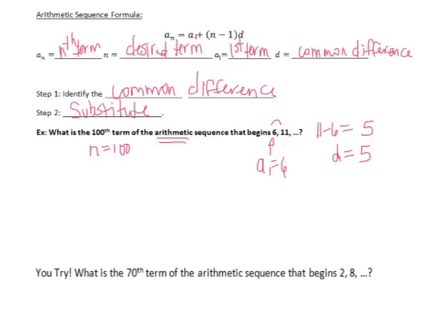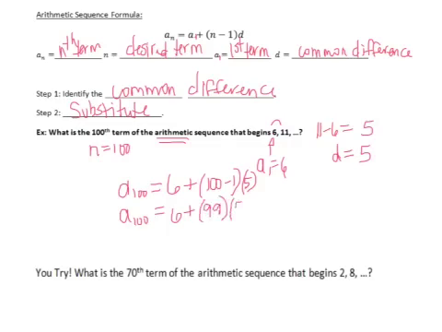Alright, so now I'm just going to plug in everything. So A sub 100, our 100th term, is equal to our first term, 6, plus the quantity of n minus 1, n is 100, minus 1, times D, so times 5. And now I'm just going to go ahead and calculate this. So I have 6 plus parentheses first, so 100 minus 1 is 99.